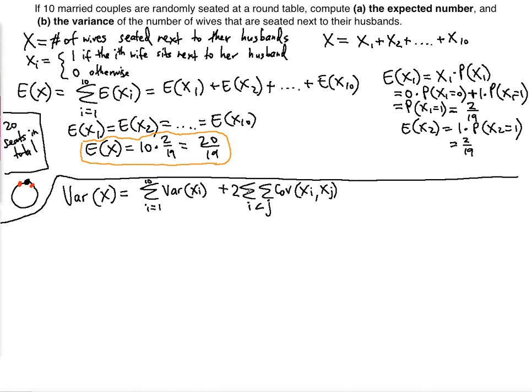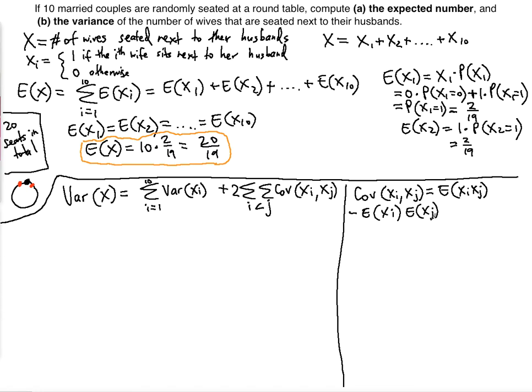Okay, so the covariance, so I'm gonna do this work here. The covariance of xi and xj is going to be equal to the expected value of the product xi xj minus the product of the individual expected values of xi and xj.